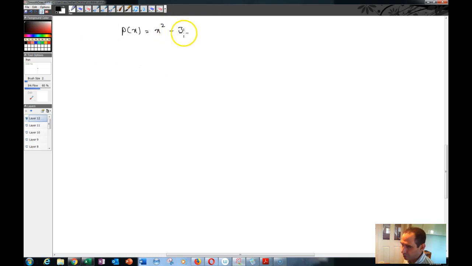So what you can do, in order to factorize this polynomial, you can think of this as we have something called an identity, which is a squared minus b squared is equal to a plus b times a minus b.